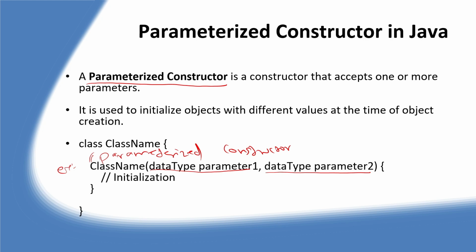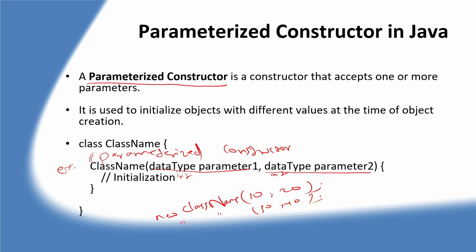This allows each object to have its own unique data. Whatever values we provide during object creation, let's say new ClassName and in the parentheses we provide some data, let's say the data types are int and int. I can provide 10, 20, and similarly I can provide different values, 30, 40.